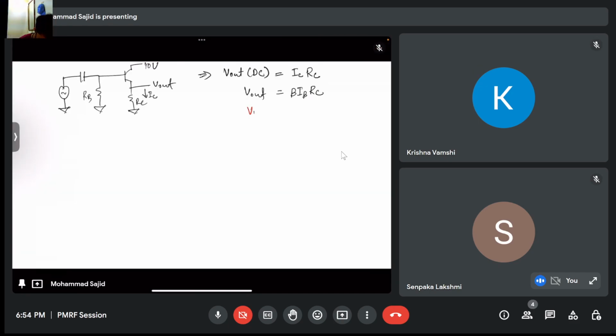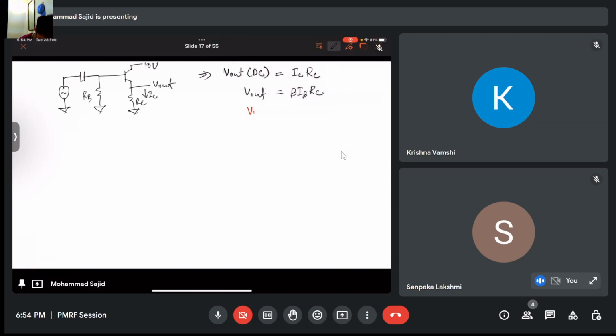So my V output will be equivalent to beta, which is 80, times 20 microampere times RC. RC is 2 kilo ohm.